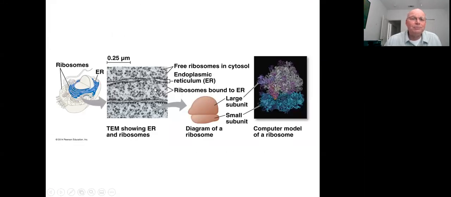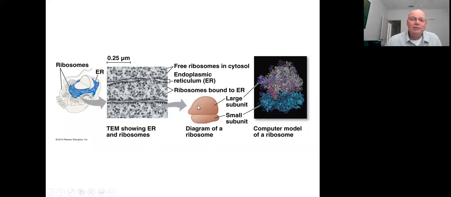So here you can see the ribosomes in the cytoplasm, but then if you look along the surface of the rough endoplasmic reticulum, which is what these membranes are, you can see the ribosomes attached to the surface. So the ones out here are the free ribosomes making polypeptides that are not going to enter the endomembrane system. These ribosomes attached to the surface of the rough ER are making polypeptides that need to enter the endomembrane system.